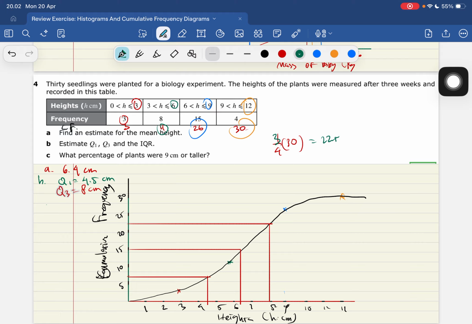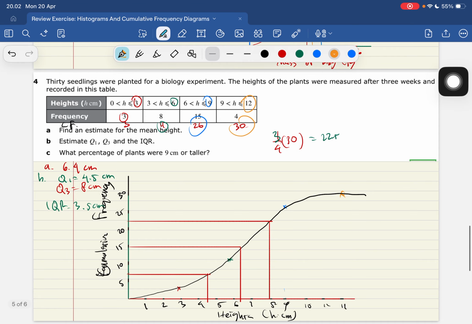Then for the interquartile range, this is Q3 minus Q1. So we got 8 minus 4.5. So this is 3.5 centimeter. Okay, what percentage were 9 centimeter or taller? Okay, so this is 9 centimeter.